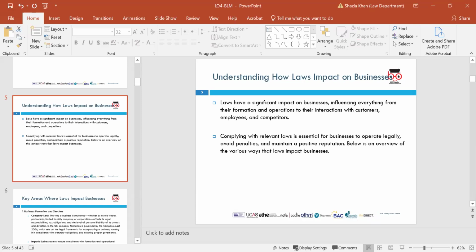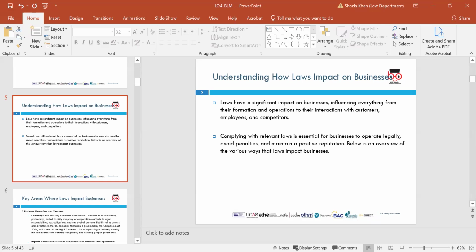So any business has to run with legislation in place, and it makes sure that all businesses comply with the wide range of laws that are in place, from health and safety laws to tax laws and data protection, and that they're monitoring the laws.